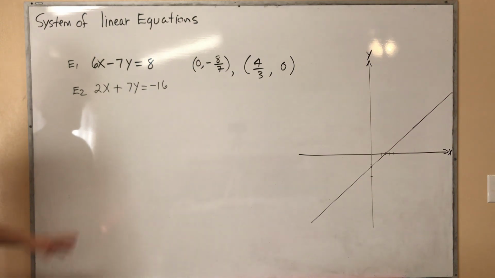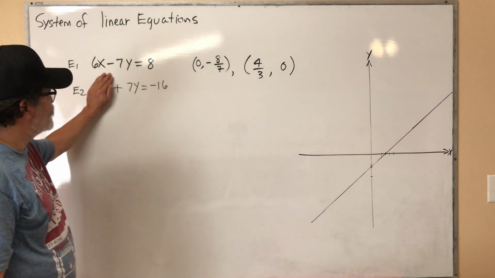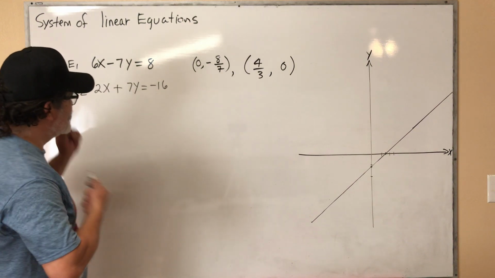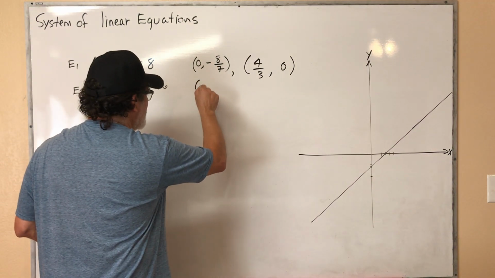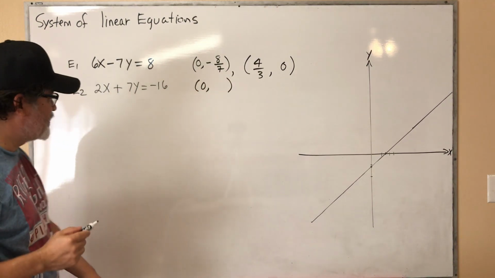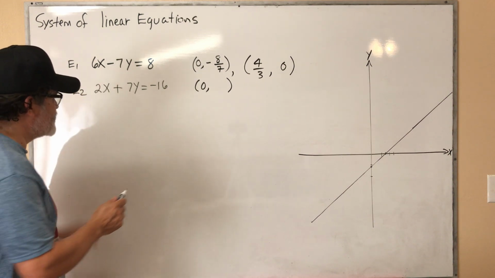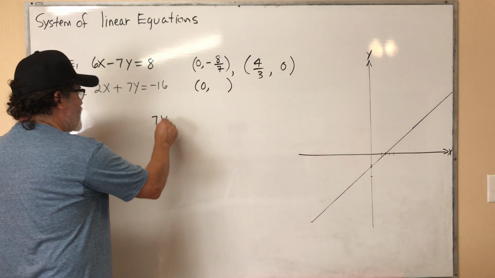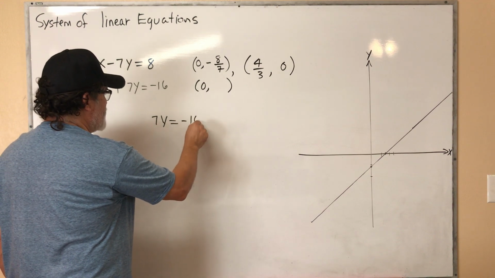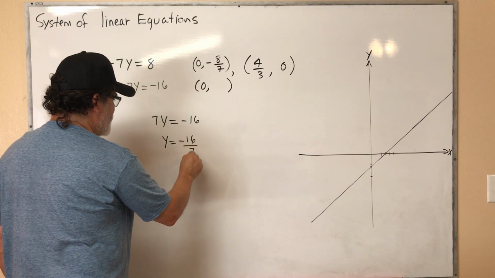How do I graph the second one? Let x be 0. Do the same thing. If x is 0, I'm going to write 0 for x. I need to get y. If x is 0, this term is gone. So 7y equals -16, so y equals -16 over 7.